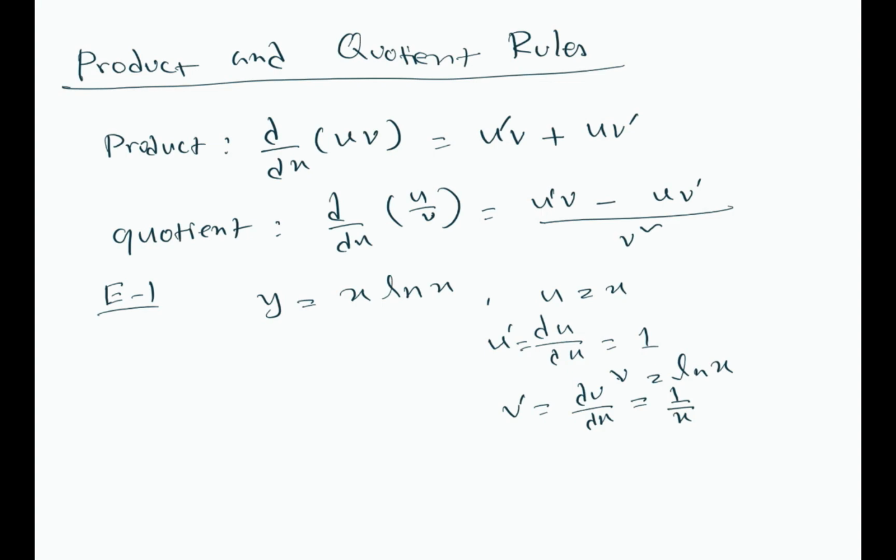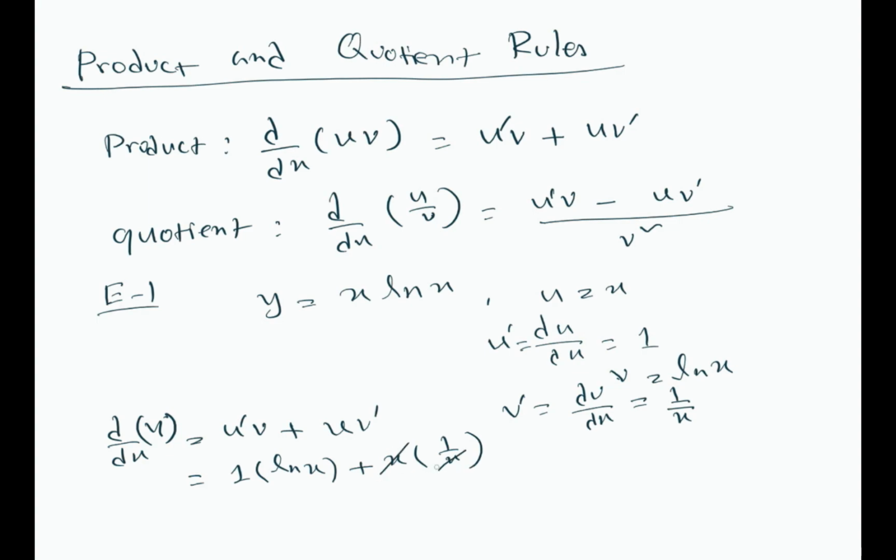So according to the product rule, the derivative of y with respect to x is, first I can write the general rule, u prime v plus u v prime. So u prime is 1 and v is ln of x, and plus u is x, and v prime is 1 over x.